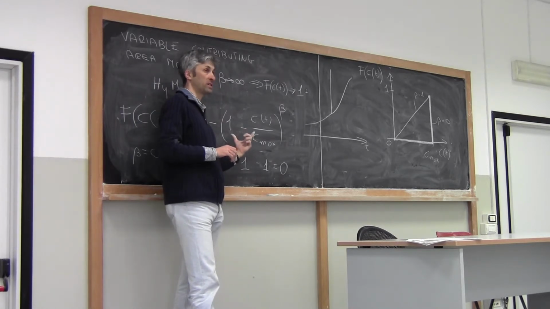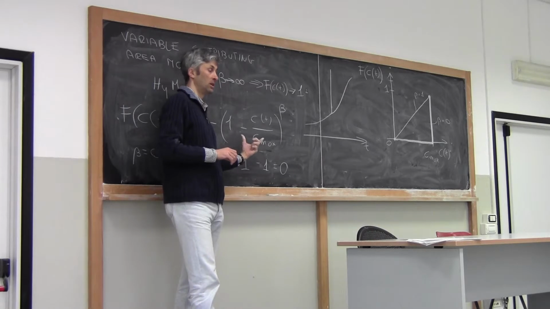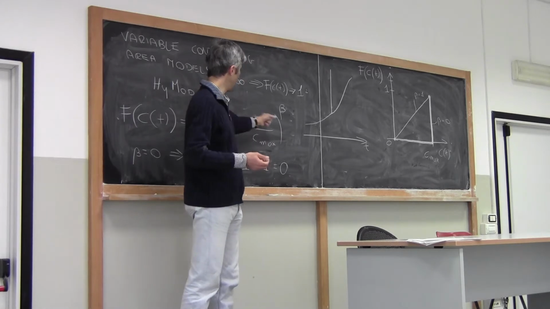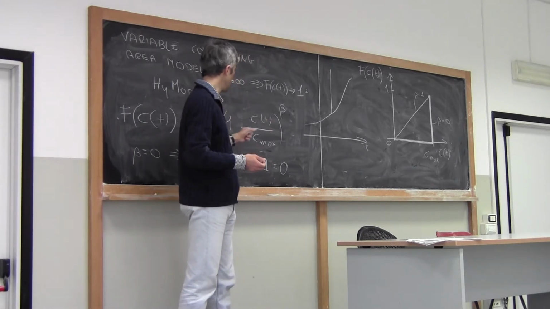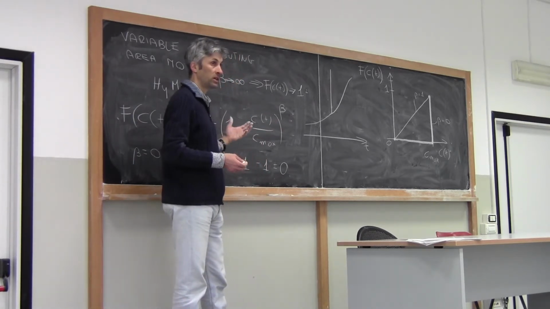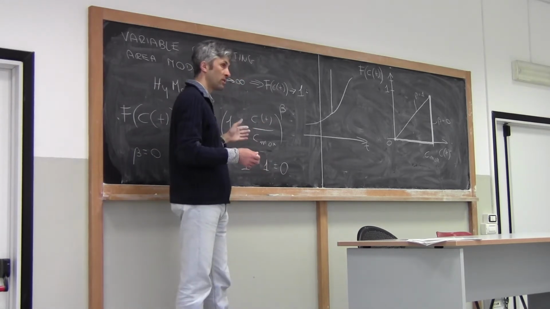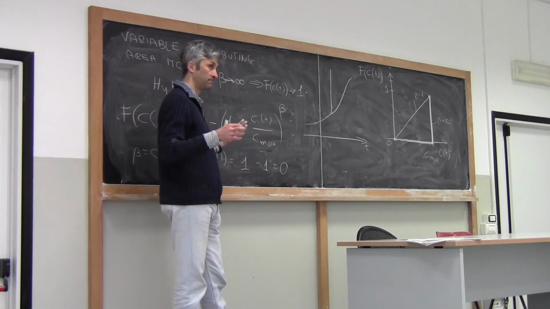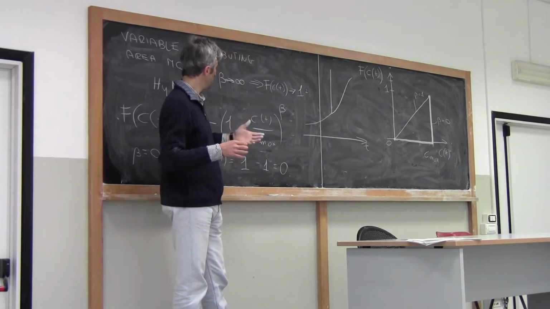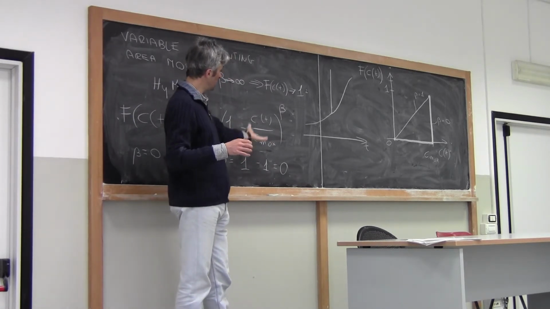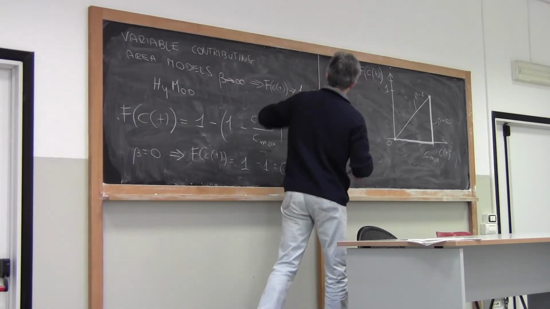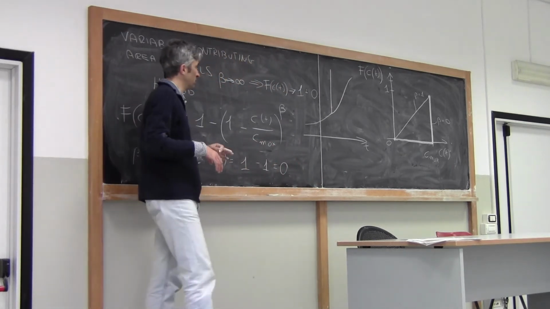The quantity between parentheses is bounded by 0 and 1, because if you have C_t equal to 0, then you get inside parentheses 1. If you get C_t equal to C_max, the maximum value, you have inside parentheses 0. It means that inside parentheses you have a quantity that is in general lower than 1. Okay? And therefore, if it is lower than 1, if you raise it to the power of infinity, you tend to 0. So 1 minus 0. It means that F tends to 1.